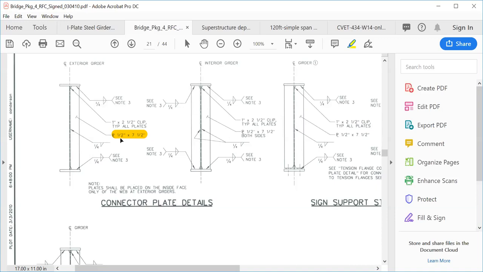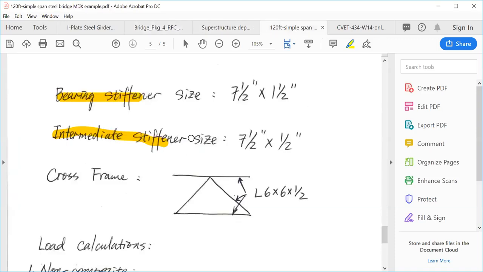And this stiffener is actually the place to connect the cross frame. So the intermediate stiffener location is exactly the same as the intermediate cross frame location, because we need a bolted connection or web connection to connect the cross frame to the girder.